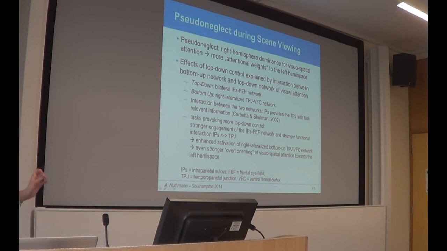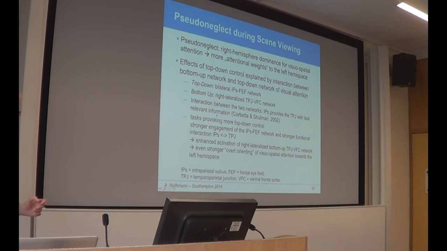So that is now the explanation my friend and co-author came up with. It's related to a model by Corbetta and Shulman, which I'm sure you know better than I do. It proposes a top-down network, which is bilateral, and a bottom-up network, which is right-lateralized.